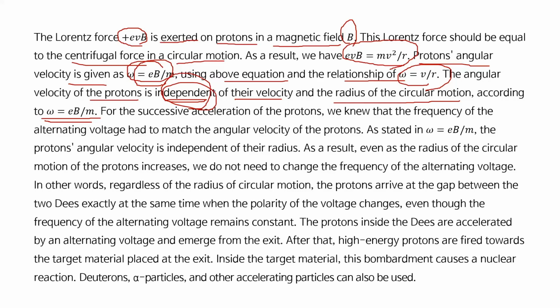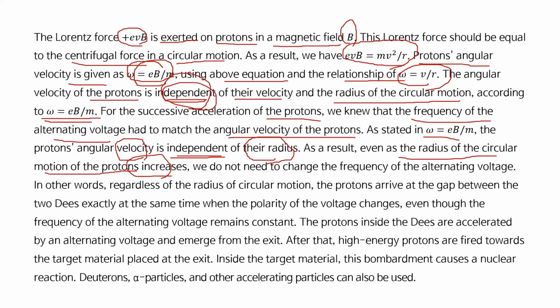For the successive acceleration of the protons, the frequency of the alternating voltage has to match the angular velocity of the protons. As stated in this equation, the proton's angular velocity is independent of their radius. As a result, even as the radius of the circular motion of the protons increases, we do not need to change the frequency of the alternating voltage.